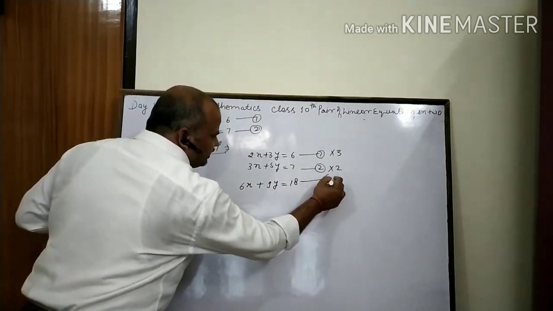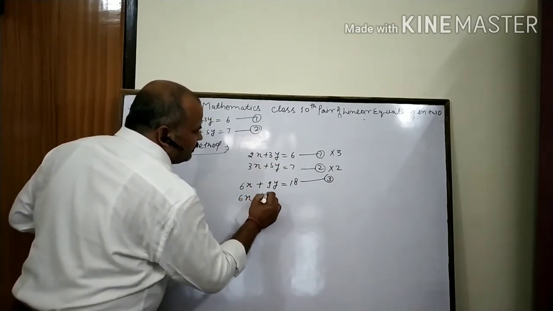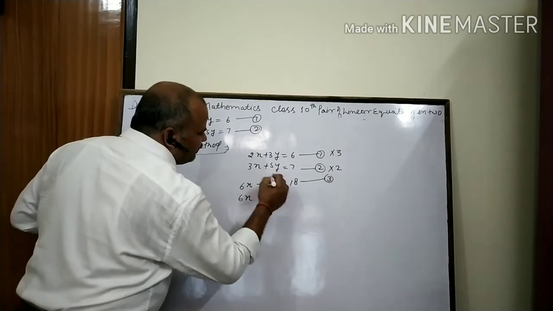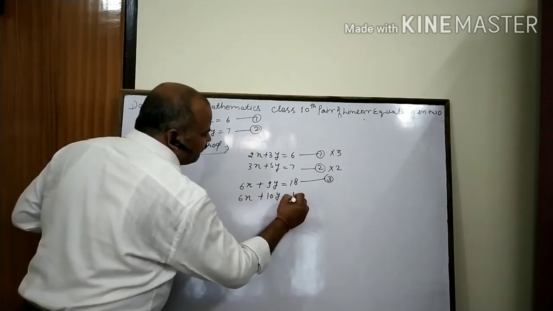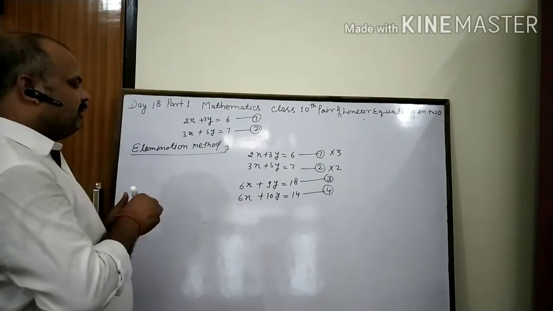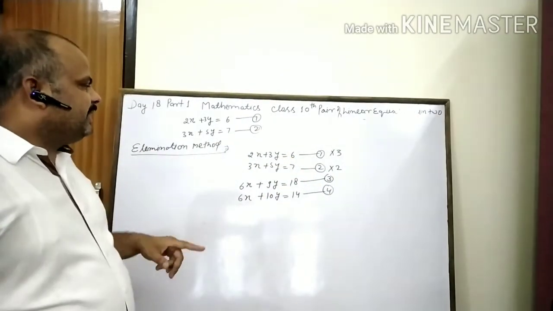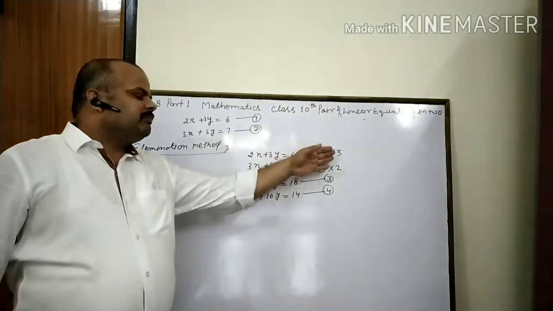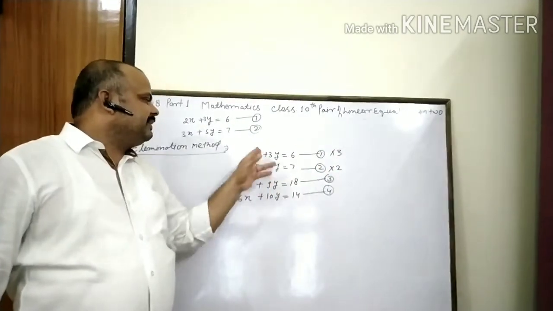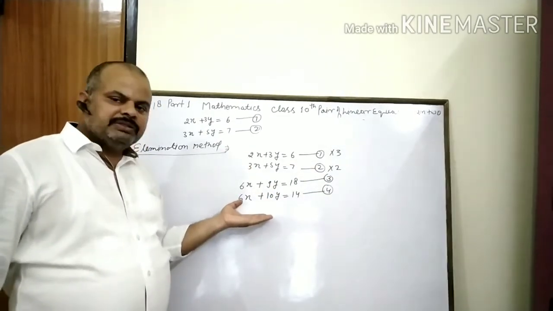It is equation 3. And multiplying the other, 6x plus 10y, and 2 sevens are 14, is equation 4. Now we got equations 3 and 4. Here you can write: multiply equation 1 by 3 and equation 2 by 2.